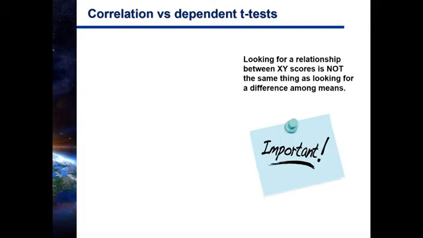But another important reason I think why people confuse correlation with dependent t-tests is because remember, the assumption of correlation is that you are looking at related pairs, which means the score for X and the score for Y come from the same person or the same day or whatever, okay?